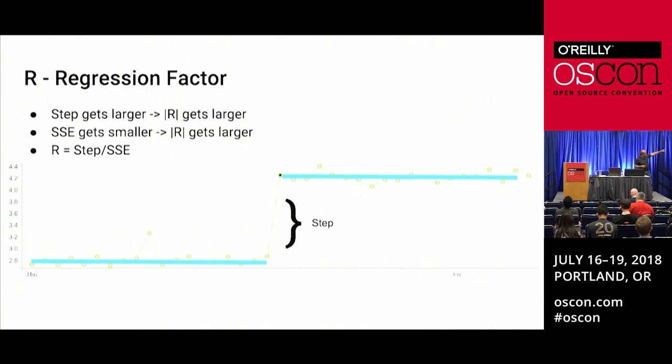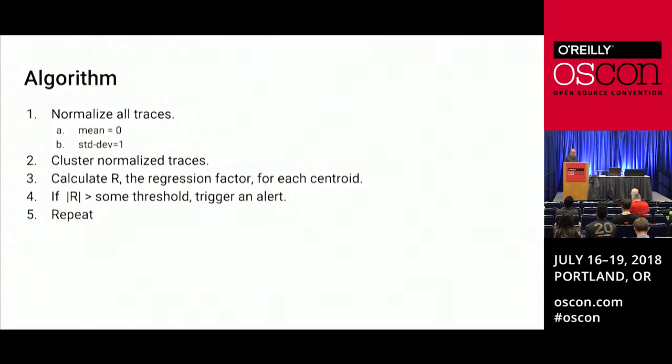Because if the step gets larger, it's step over SSE, so R gets larger. If the SSE gets smaller, if there's less noise that we've taken out of the system, we're dividing by it, therefore R gets bigger. And the other way around. So this R is now a good measure of how much that centroid looks like a step function.